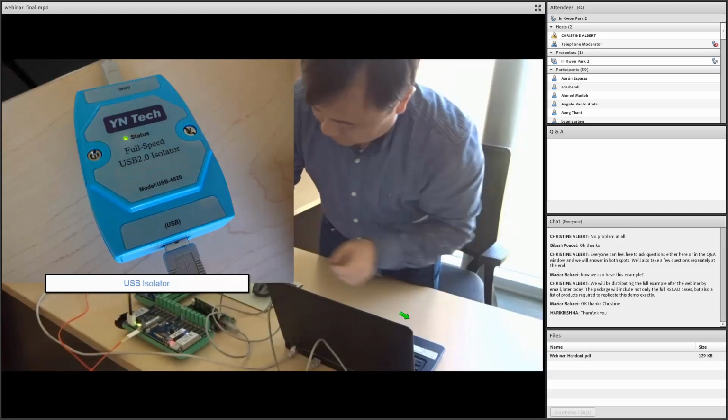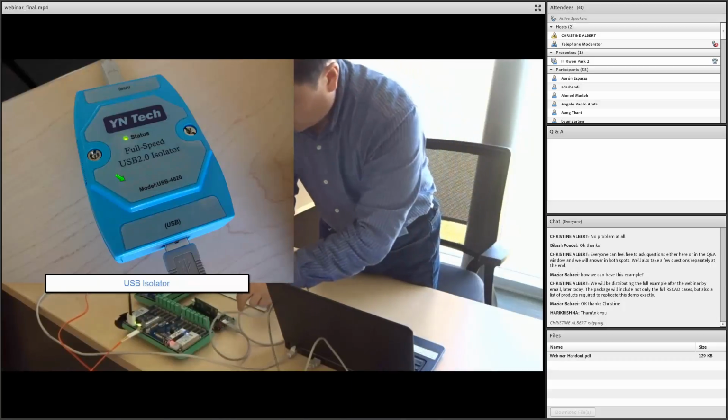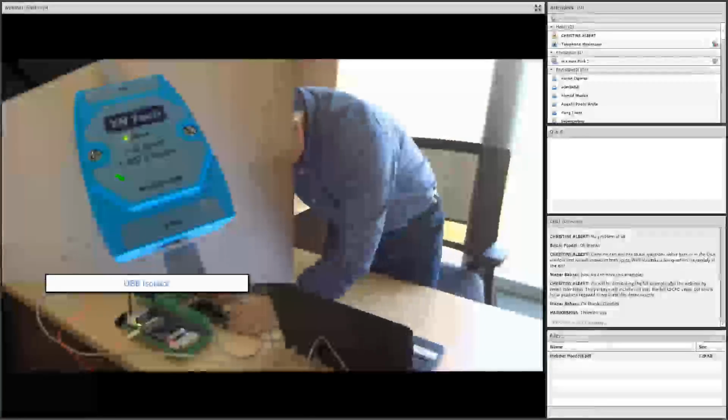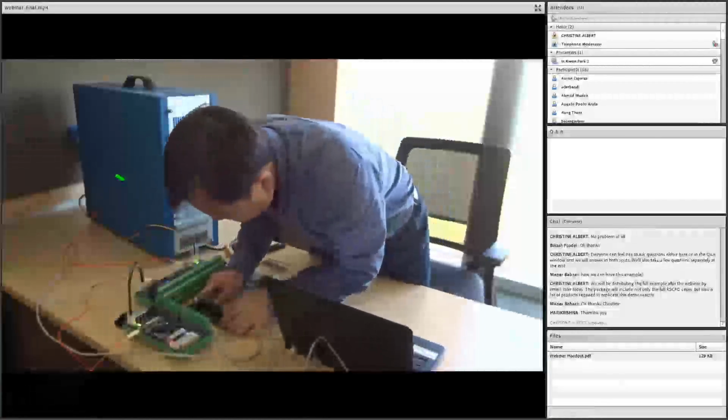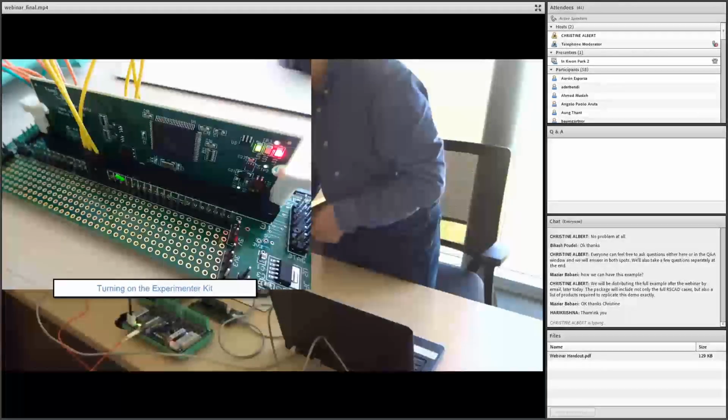So in order to prevent such an accident, I would recommend using the isolator. But again, you can still continue your experiment without it. So this is how it goes.